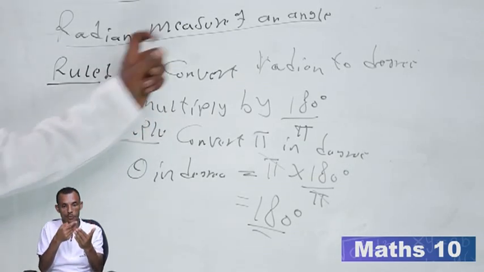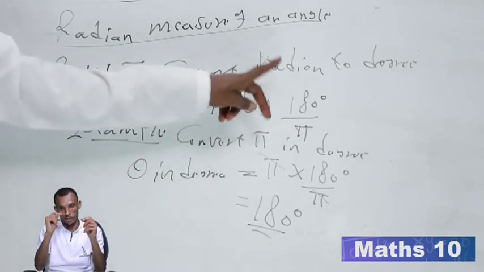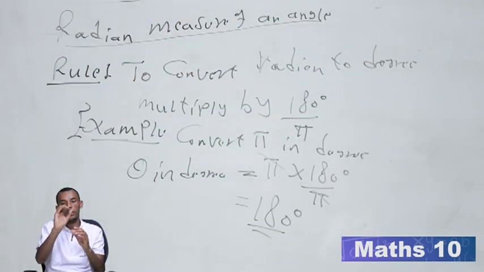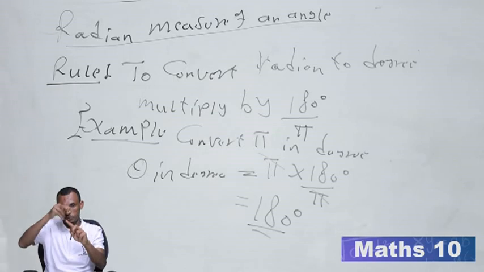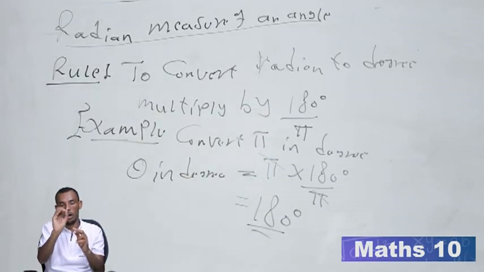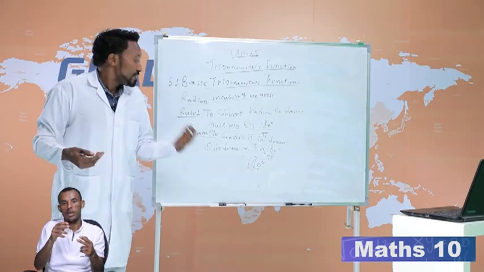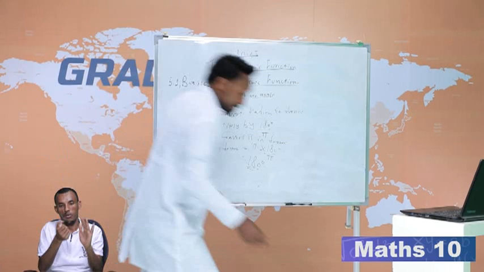To convert a degree measure to radian, multiply by the reciprocal, that means pi over 180 degree. Multiply the given degree measure by pi over 180 degree to give the radian measure of a certain angle. Let me see.